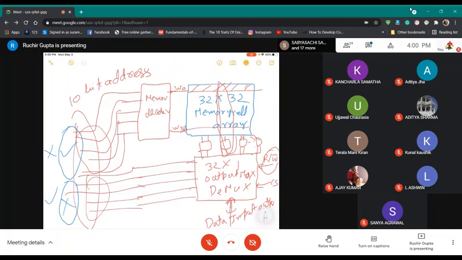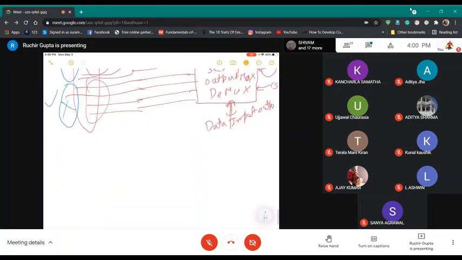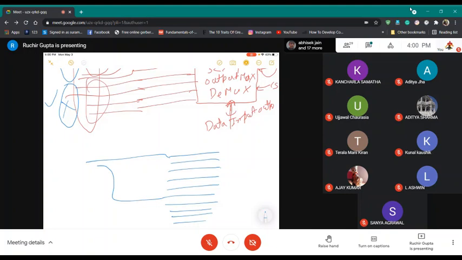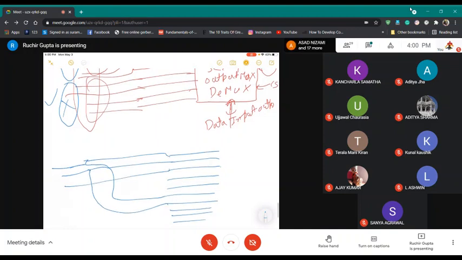So what we'll be doing is, these 10 lines: this line and this line, they will be coming on the same line. This line and this line, they will be coming on the same line. This line and this line, they will be coming on the same line.